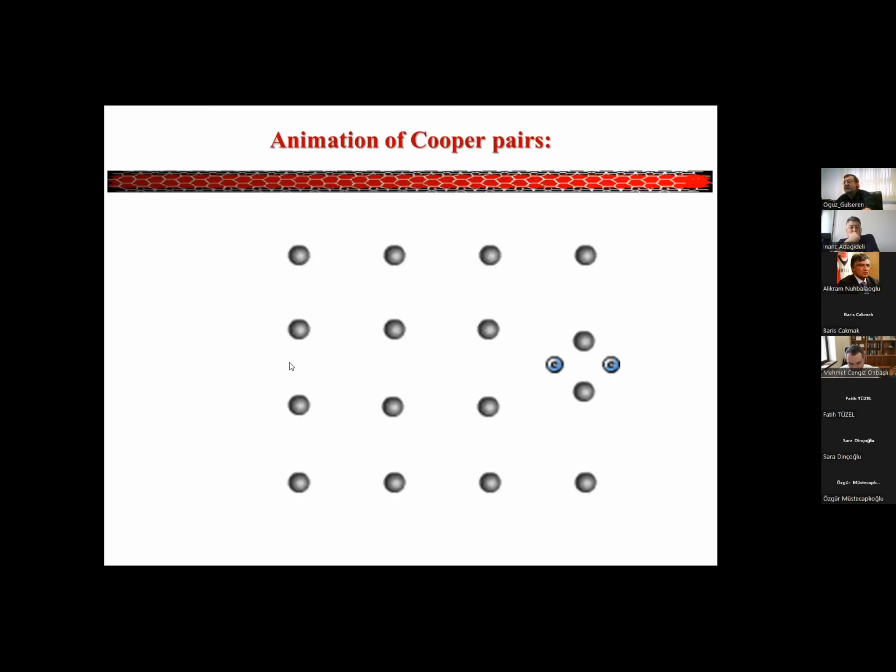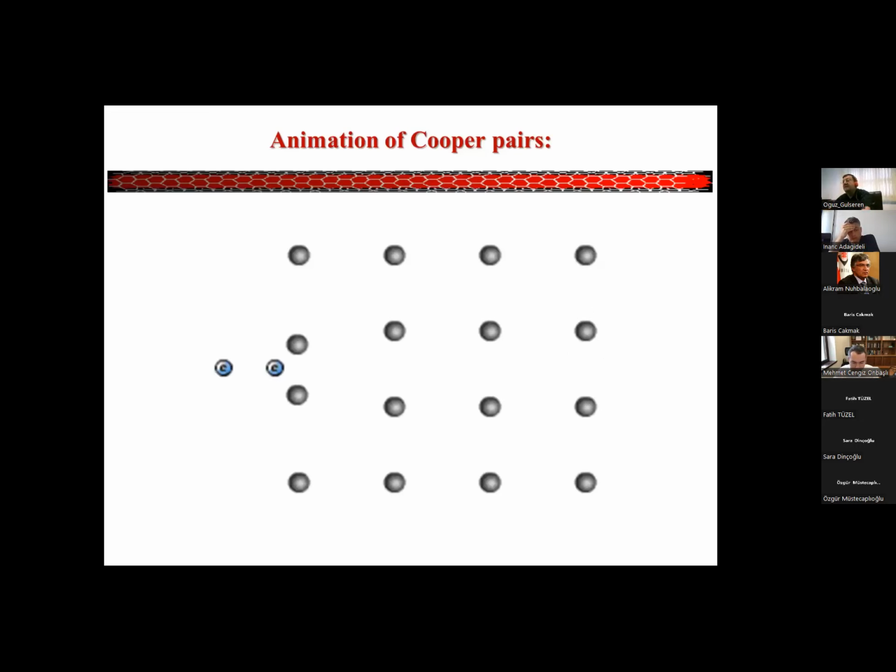You see these ions are moving, so you have a distorted positive charge. They attract 2 electrons. These 2 electrons form a pair and they move by pair. Not the single electron as I tried to show at the beginning. Now they move together as a pair.